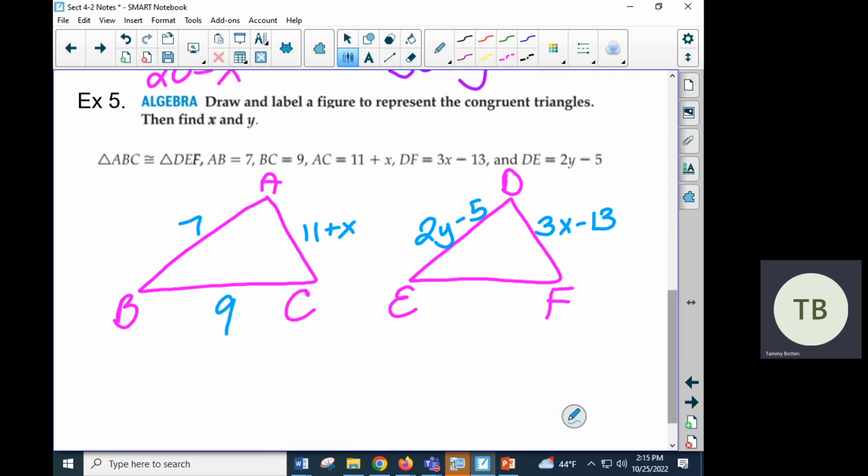Now, honestly, the way I wrote this and set this up, this side and this side should be equal. And I can check because notice this side is AB, which is the first two letters. And this side is DE, which is the first two letters. So they are equal. So I can solve for y by setting this 2y minus 5 equal to 7.